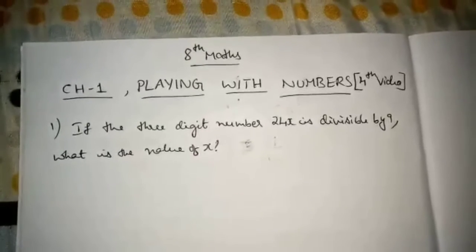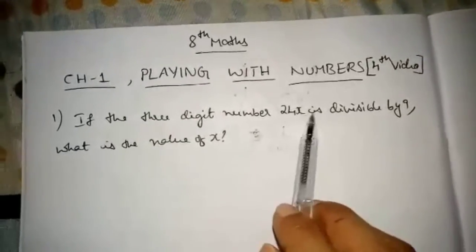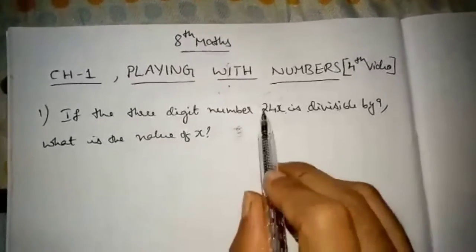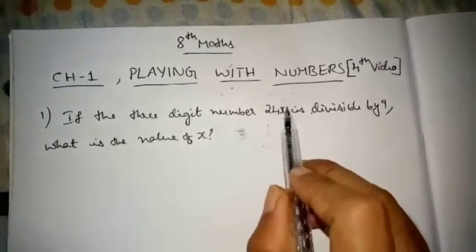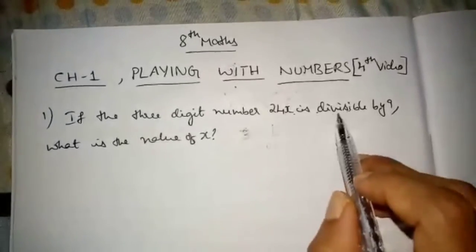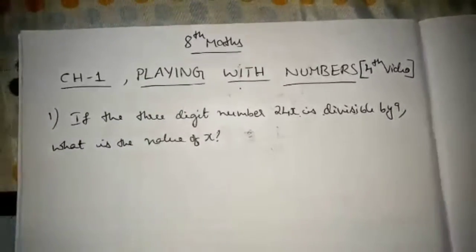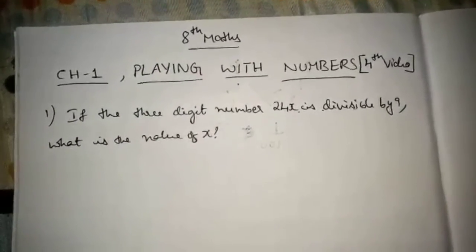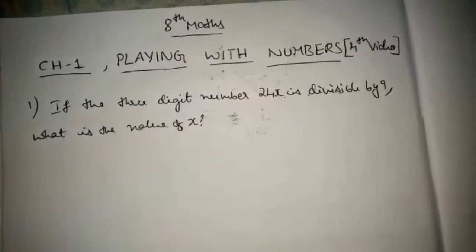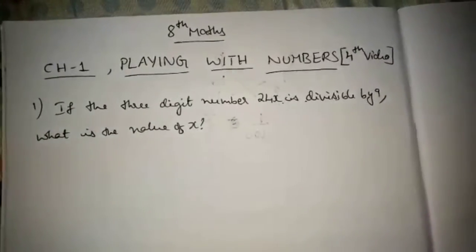Let us solve some problems. First one, if the 3-digit number 24x is divisible by 9, what is the value of x? It is a 3-digit number, 1, 2, 3. x is one digit. You have to find the value of that digit in 24x such that it is divisible by 9. So how can you test the divisibility by 9? When you add the digits, the sum should be divisible by 9, right?